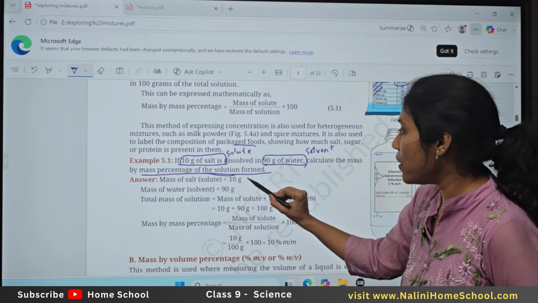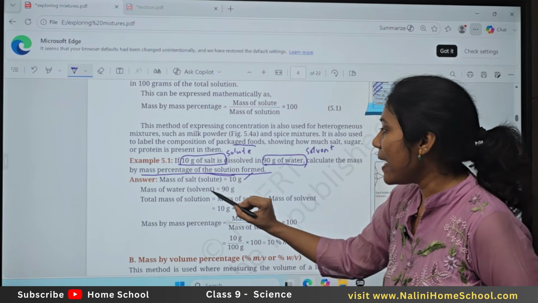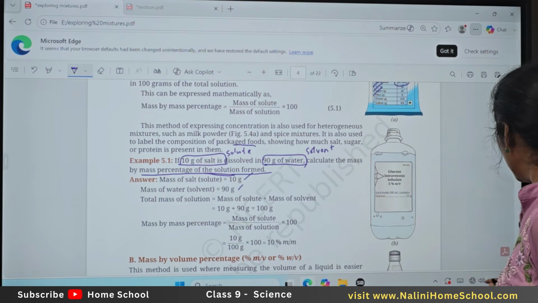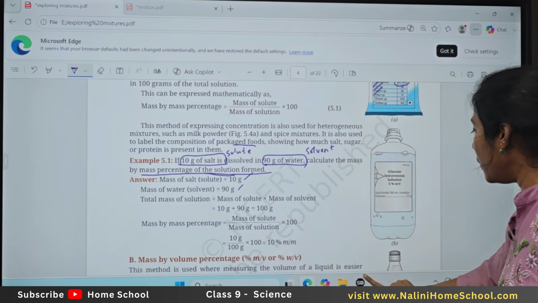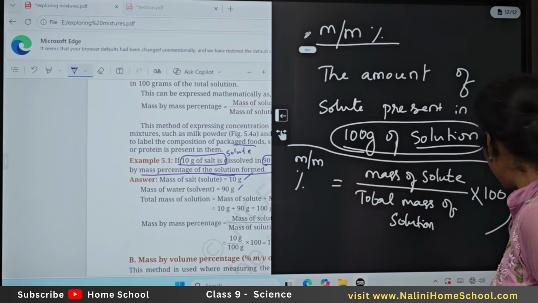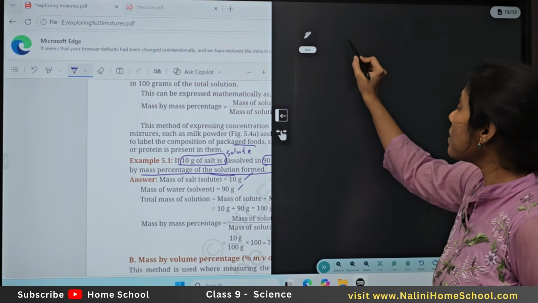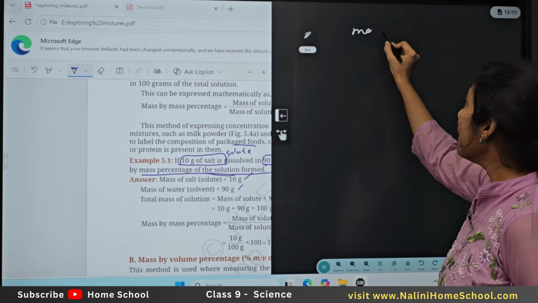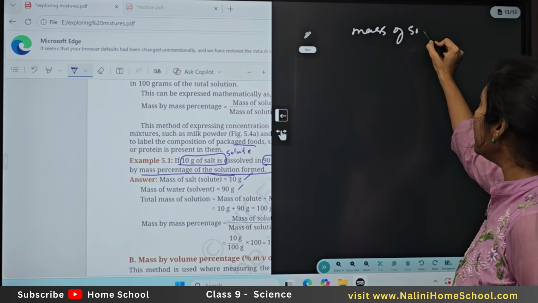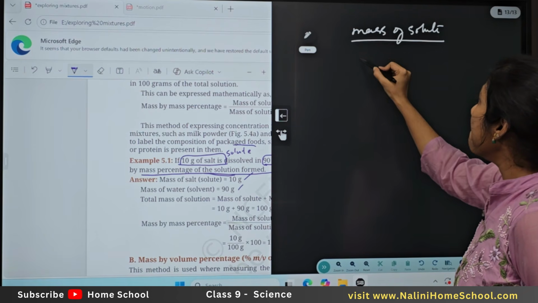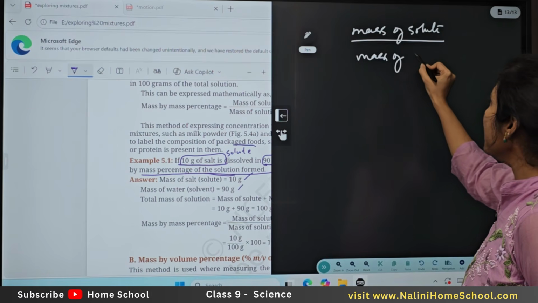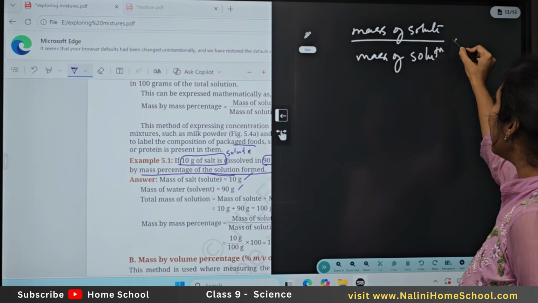So what is the mass of salt? 10 gram. What is the mass of water? 90 gram. So what is the formula that you have here? Mass of solute divided by mass of solution, multiplied by 100.